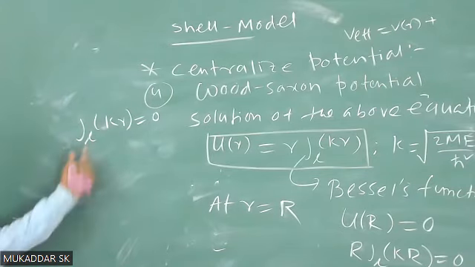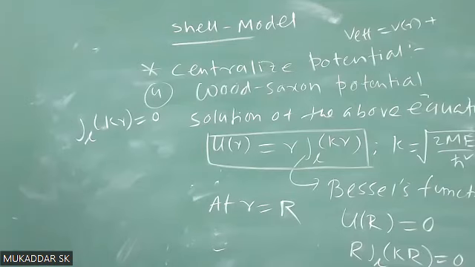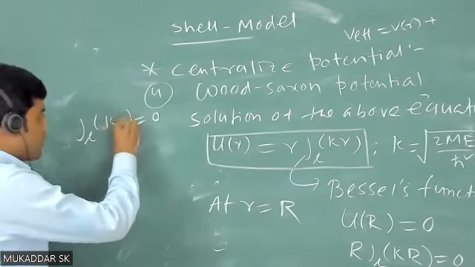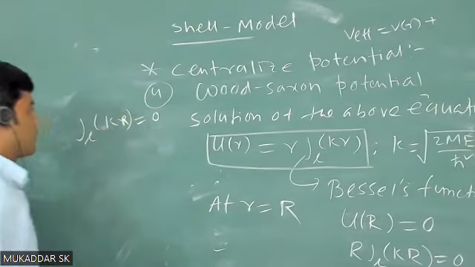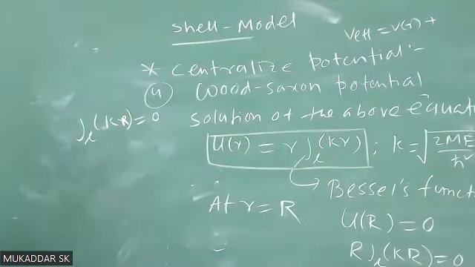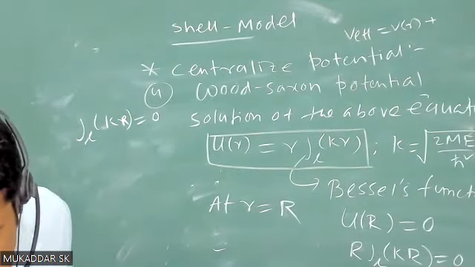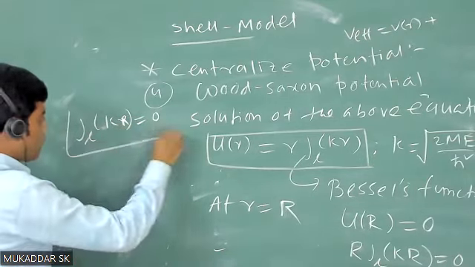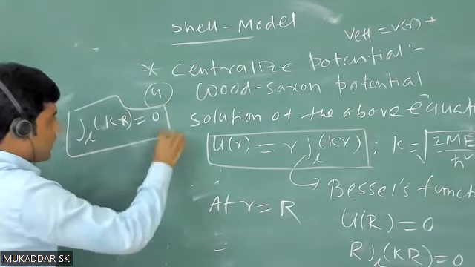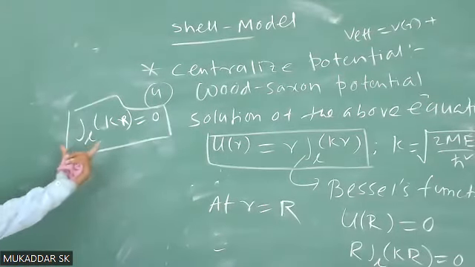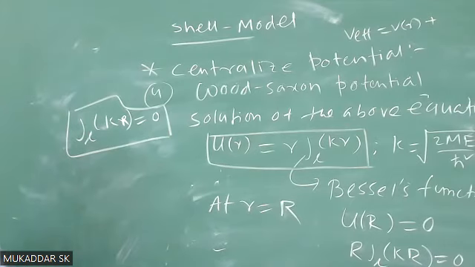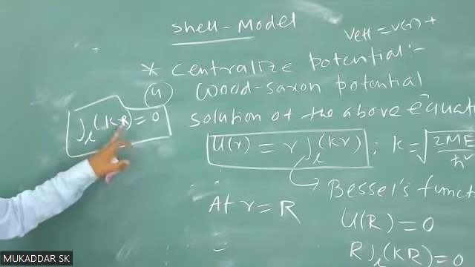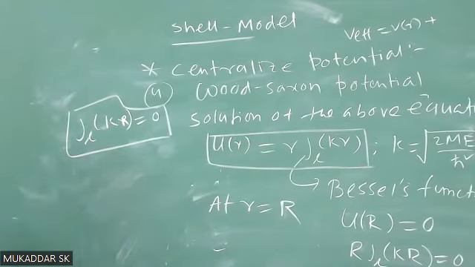And L is here the orbital angular momentum. Sorry, here you have to write J L K capital R. So for all possible values of L, J L K R equals to 0, where R is the radius of the nucleus.